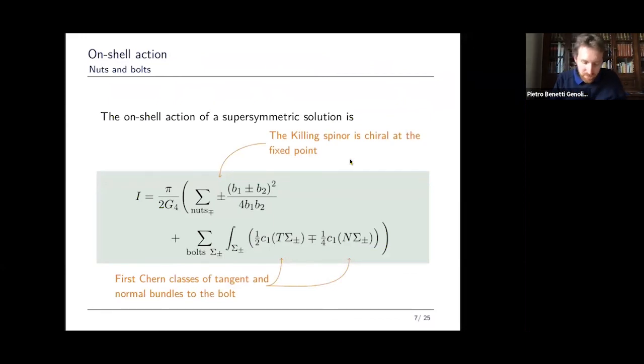So remember that I said that a supersymmetric solution is composed of a metric on a 4-dimensional spacetime, a U1 gauge bundle on this spacetime, and also a spinor, formally a spin bundle plus a section of this bundle that satisfies the generalized Killing spinor equation that I had.